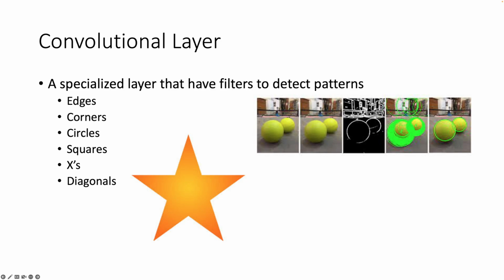So what is the convolutional layer? Well, it's a layer that is looking for specific patterns, such as edges or corners or circles or squares or diagonals. So those are pretty primitive patterns that we're going to be looking for. We're going to see that later on we're going to have some more advanced patterns, and I'll show you that in a couple slides from here.